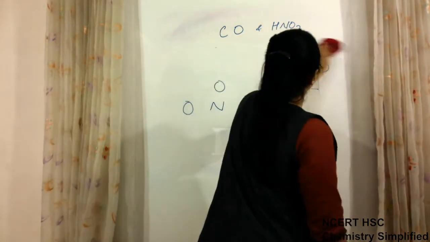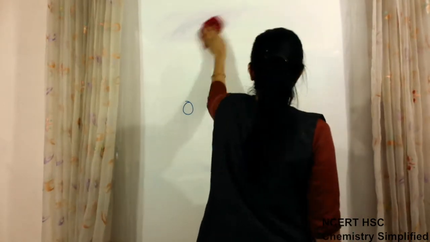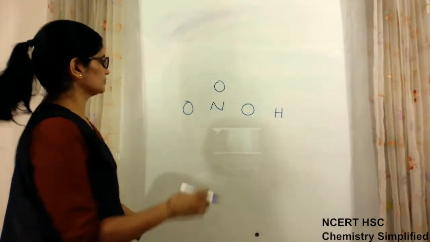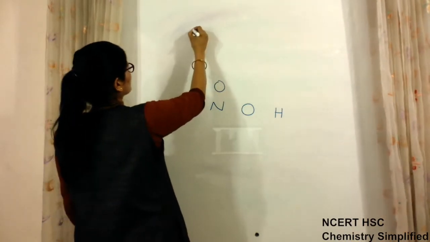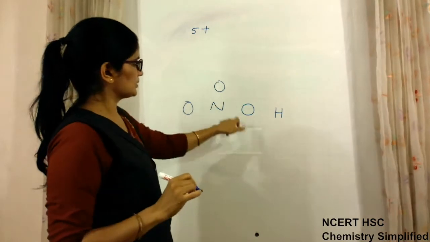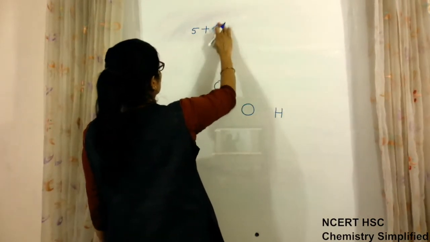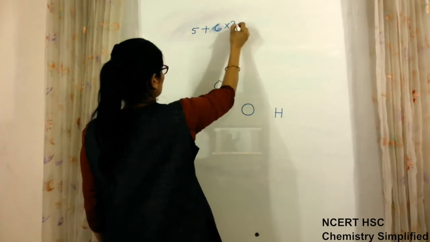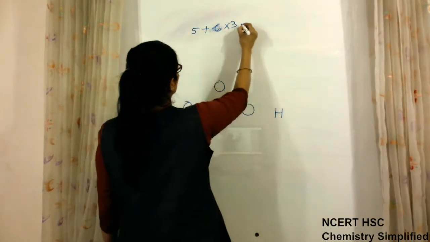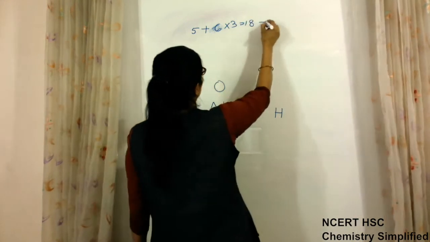Now the total calculation of the number of pairs available, first thing. Nitrogen valence electrons 5, oxygen 6 into 3, that is equal to 18, and hydrogen is 1.